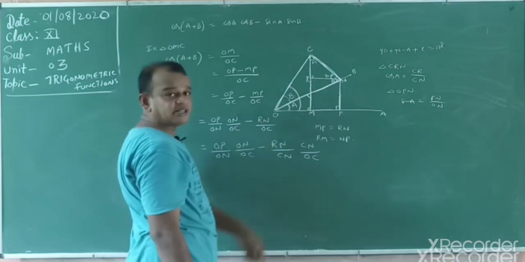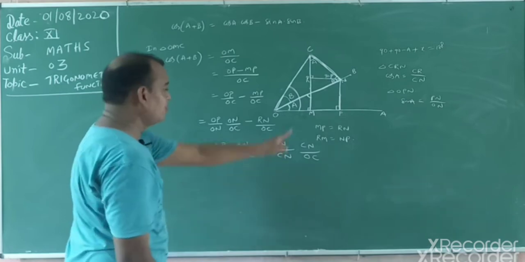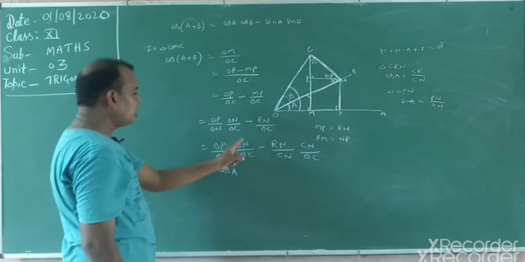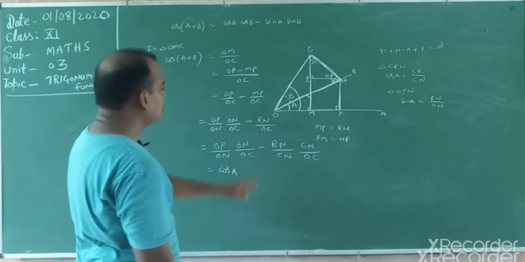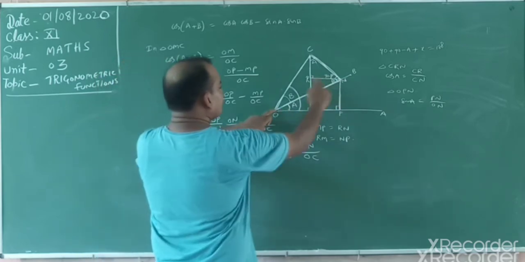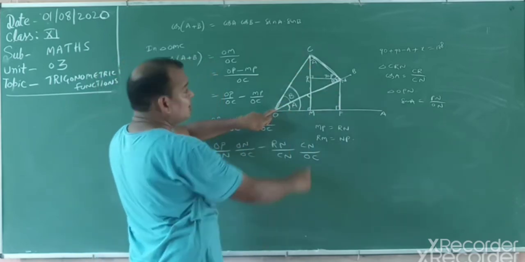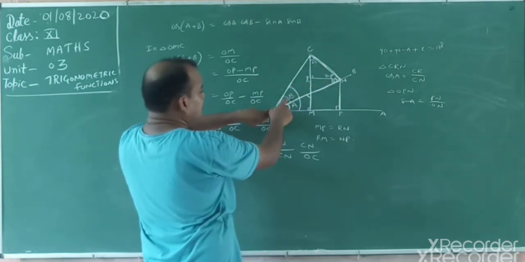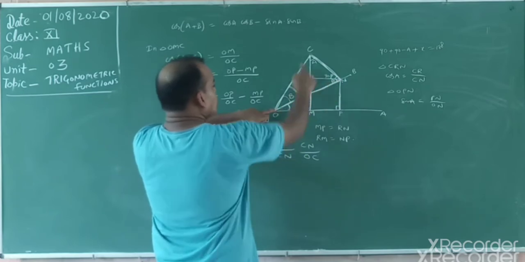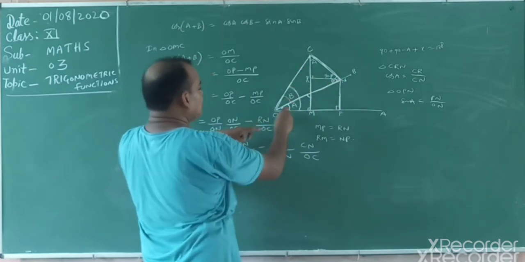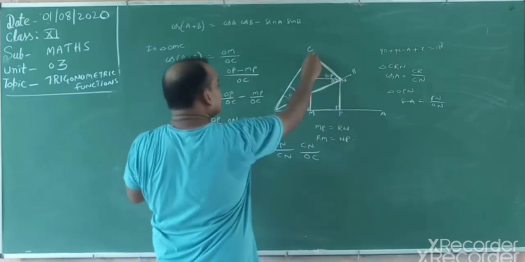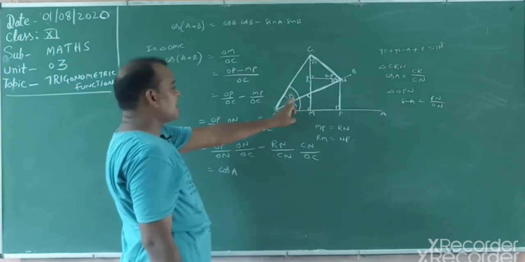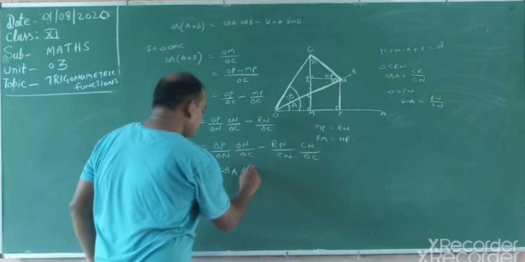Adjacent side by hypotenuse is the cos of the angle A, so this is cos A. Now ON by OC: in the big right angle triangle, adjacent side by hypotenuse with angle B is cos B.